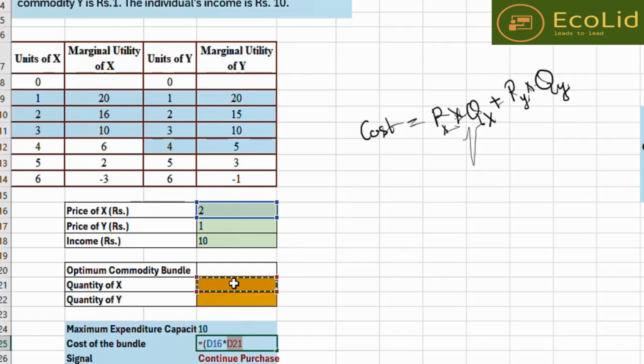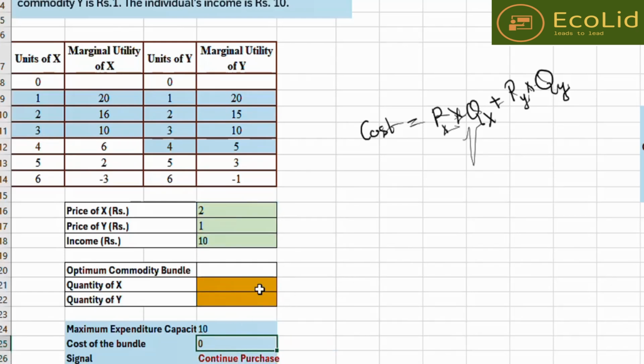So here multiplied by the quantity of the commodity X plus we have one more commodity Y. So we will multiply the price of Y with the quantity of Y. So we have multiplied. Now here the value is coming 0.